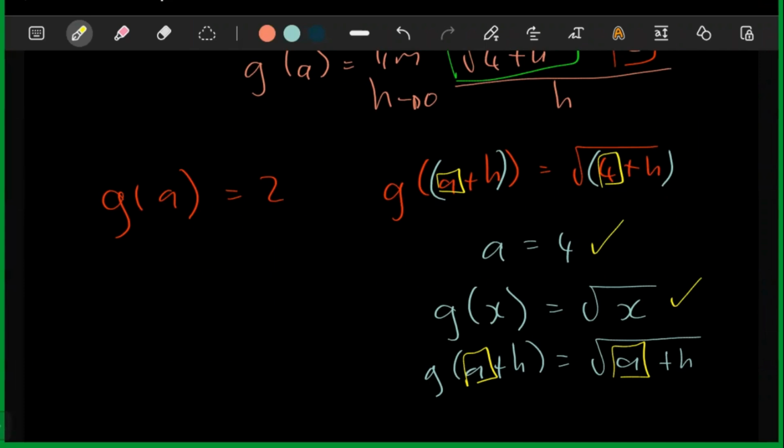So a is 4, and then the equation of g of x is square root of x. So let us keep things moving nice and in the right direction. If this question is not like a cup of tea, don't need to stress too much about it because it seems like just a random weird question.